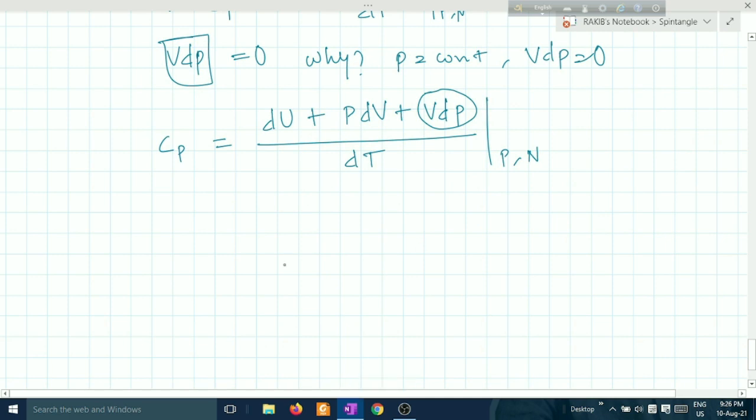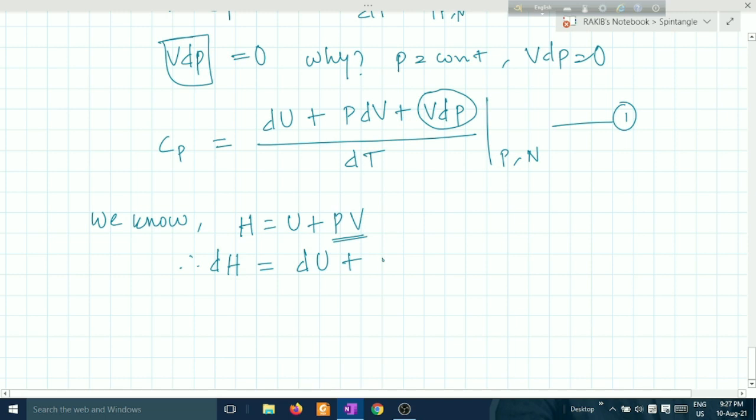Say this is equation number 1. We know enthalpy H equals U plus PV. Therefore, differentiating H, we get dU plus, by partial differentiation of the PV term, pdV plus VdP.